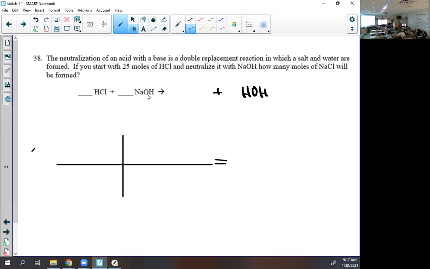What would the other thing be here? So it's double replacement. We already have water, so it would be left with NaCl, plus 1 minus 1. So it's all balanced already. These are all 1s. Okay, will you fill this in and find me an answer?